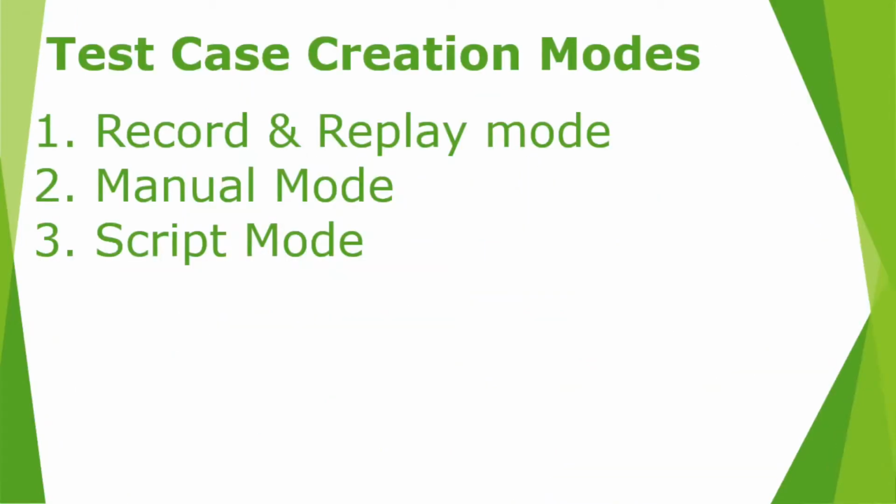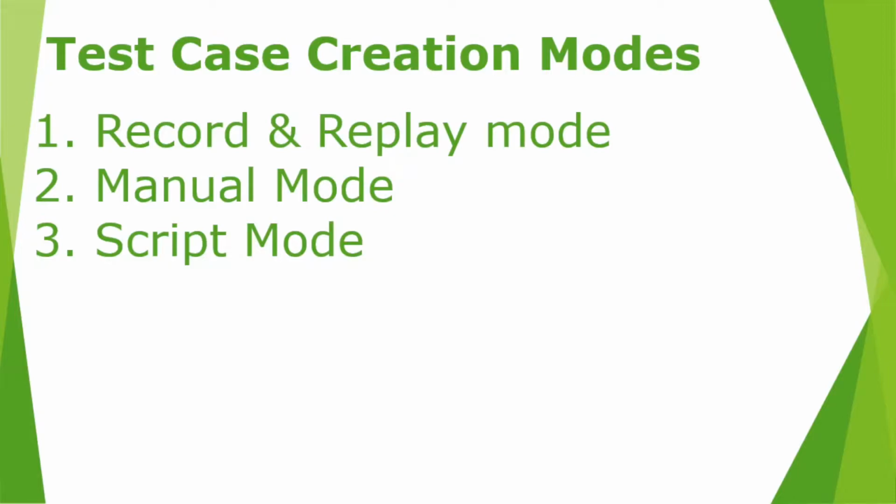Okay, so now there are three different types of test case creation in Katalon Studio, which means you can automate test cases in three different ways. The first way is record and replay mode, where I have explained these concepts in lesson 3.